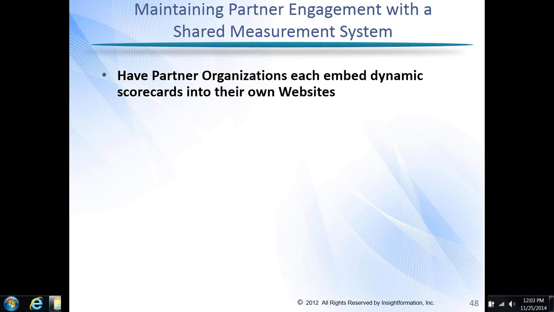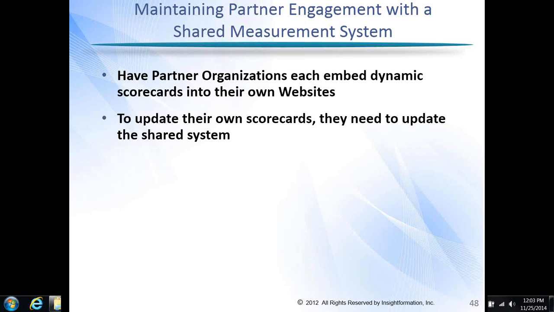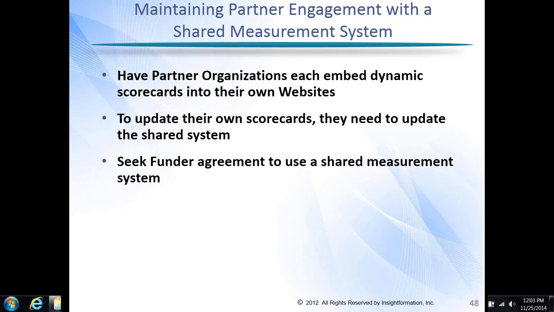It makes their life easier because it stays current, and when they need to update data, they don't just put it in their website and then they're too busy to go share it with anyone else. You make it easy for them to update it in this centralized system, and then it updates for anyone in the system that cares about that measure, or you can even aggregate measures from different organizations.